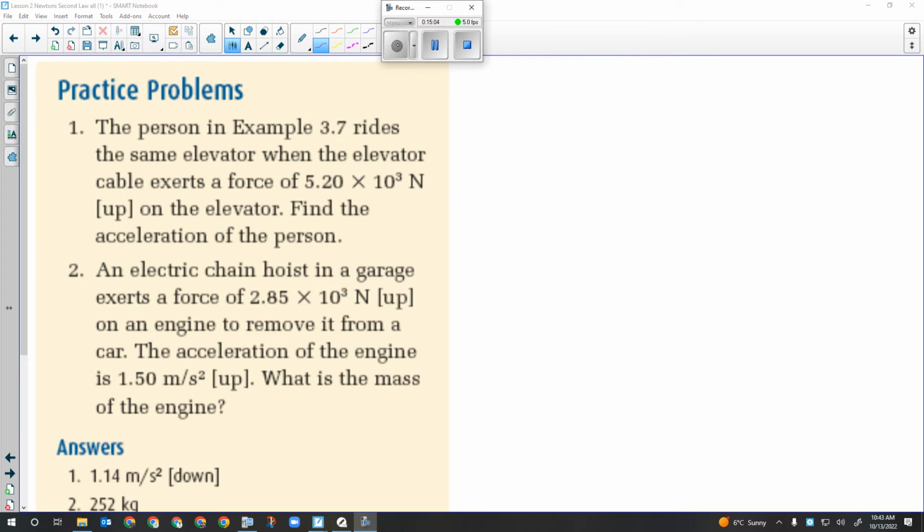This one we have to solve a little bit differently, and we do that by recognizing how we can calculate individual forces. Newton's second law says that F net is mass times acceleration, but we never write this part, which should really be there: the net force is the mass times the net acceleration produced by all the forces that are acting.